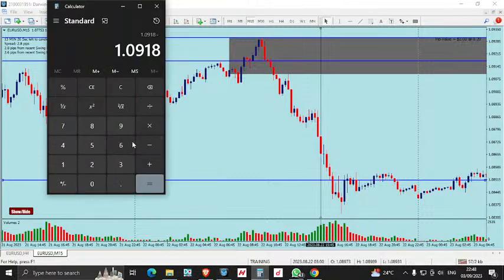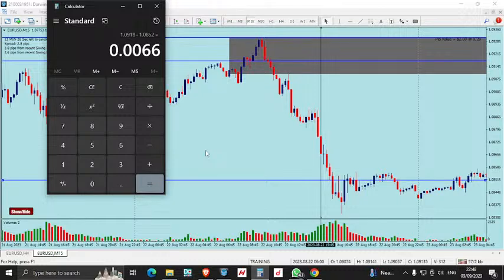Okay, minus 1.0852. Which is 66 pips as against 13.